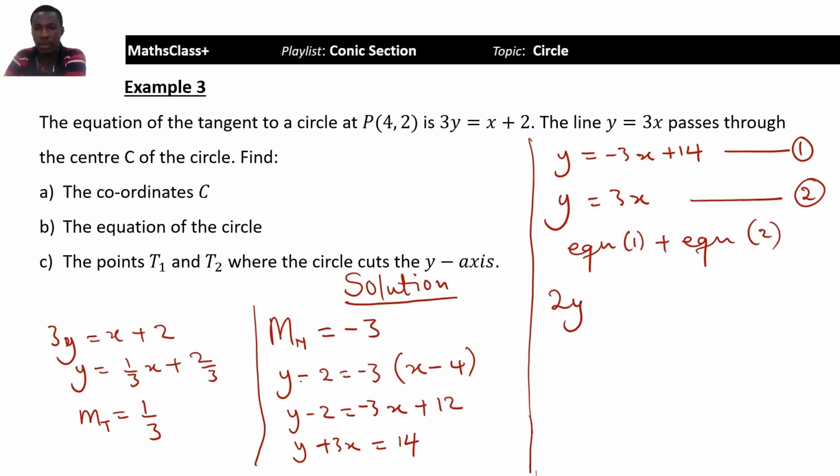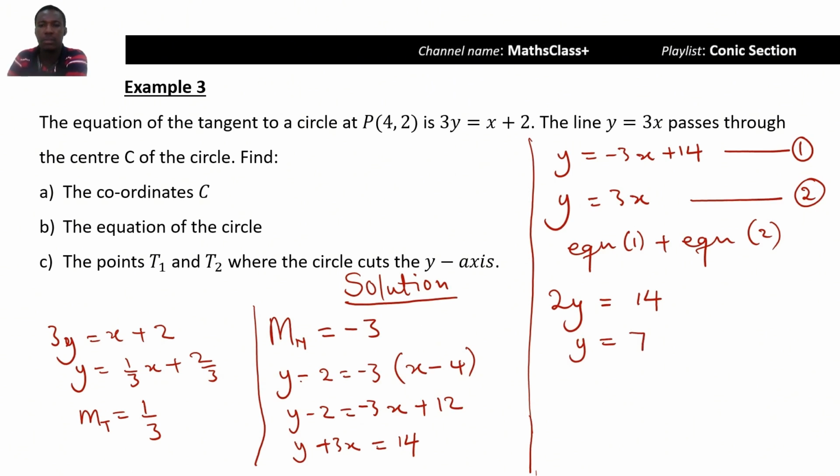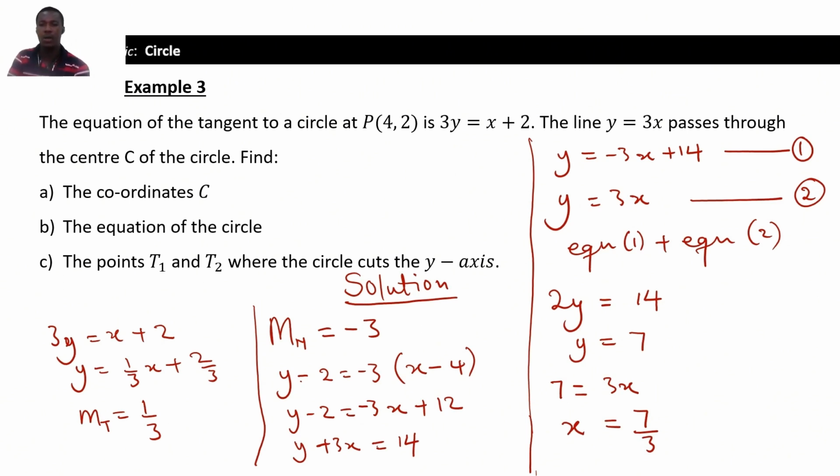I'll get 2y = 14, since -3x plus 3x cancels out. That means y = 7. Then if y = 7, I substitute into equation 2: 7 = 3x, and so x = 7/3. Therefore, the center of the circle is (7/3, 7).